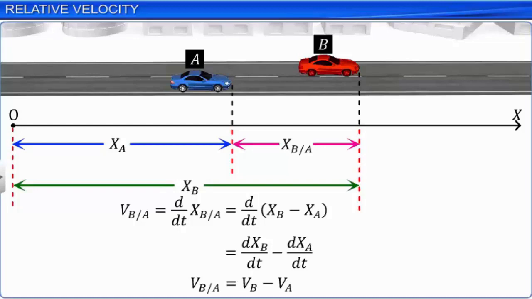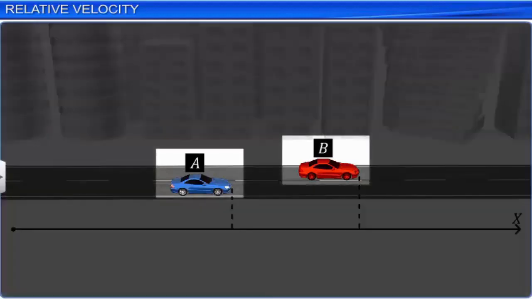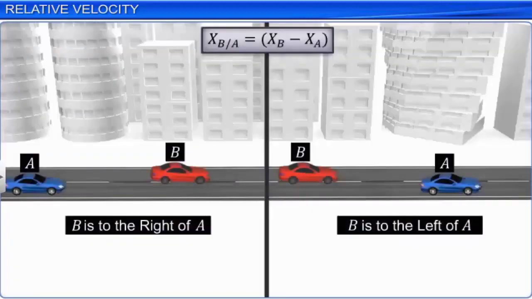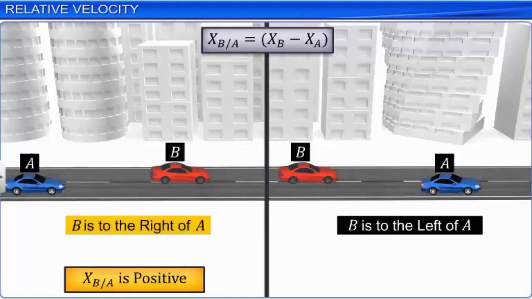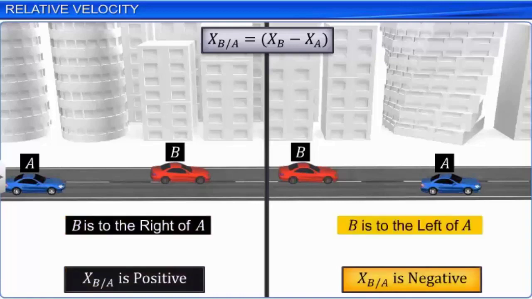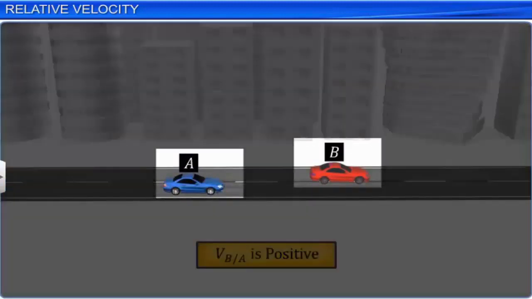Coming to the sign convention, regardless of the position of the origin O with respect to the positions of A and B, a positive sign for xB/A means that B is to the right of A, and a negative sign means that B is to the left of A. A positive sign of vB/A means that when B is observed from A, the motion of B is in the positive direction, that is, rightward direction.